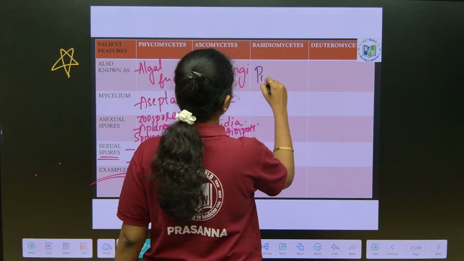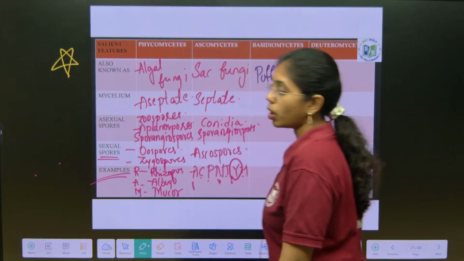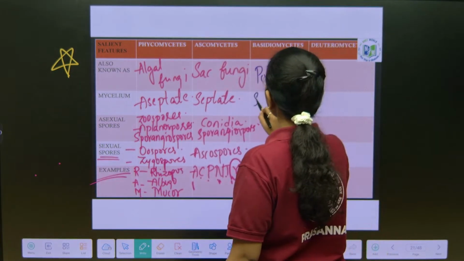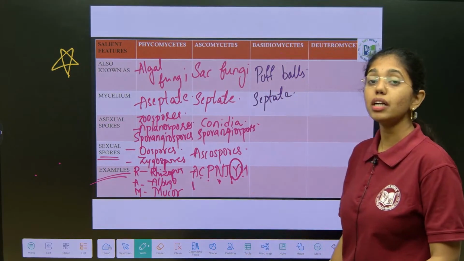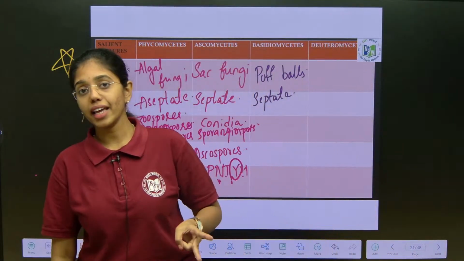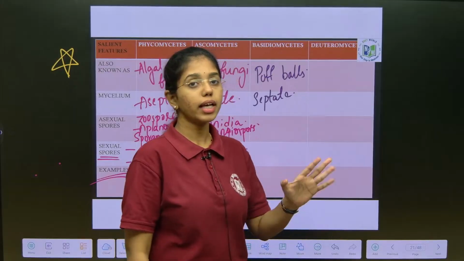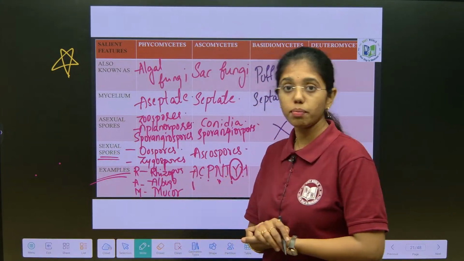Okay. Next, Basidiomycetes, which are commonly called as what, ma? Puff balls. Commonly called as puff balls. And the mycelium is septate again. What type of septa are present? Dolipore septa, which has clamp connections which aid in the equal distribution of the dikaryotic nucleus. Next is asexual spores. The asexual stage is absent in Basidiomycetes.